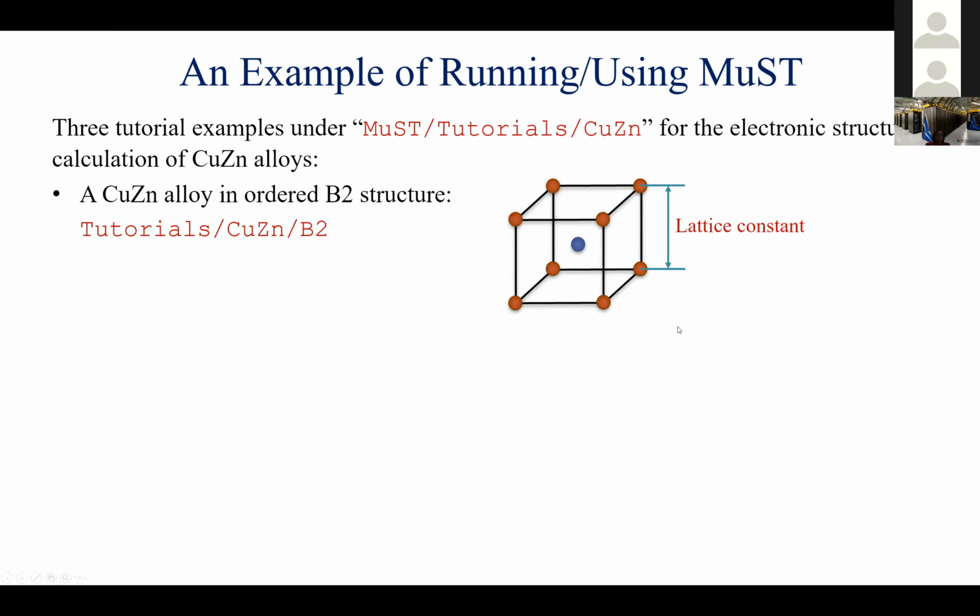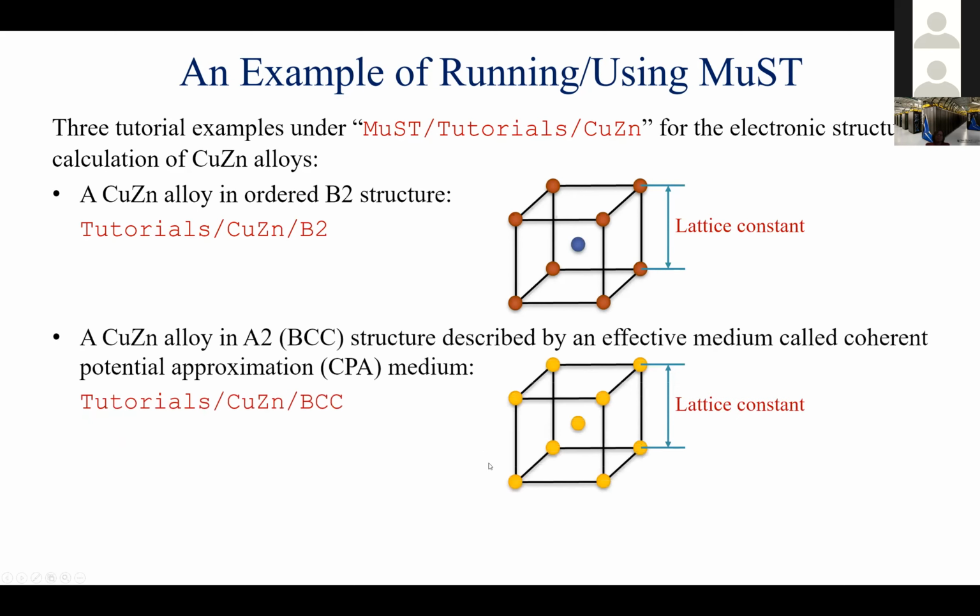One of the variables is the lattice constant, that is the size of the unit cell, which tells you how far apart the atoms are in the alloy. Another structure is called BCC, meaning the atoms are randomly arranged on the underlying lattice, with a lattice constant, and each site could be copper or zinc, randomly distributed.